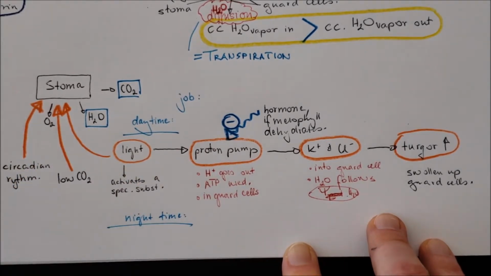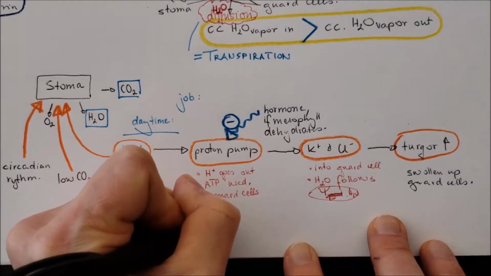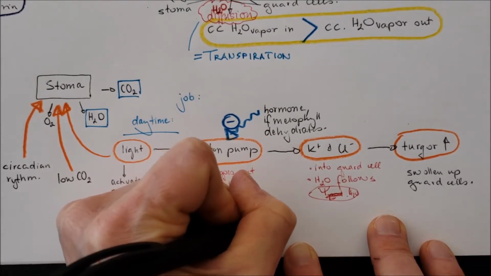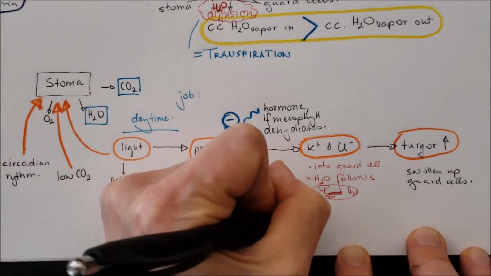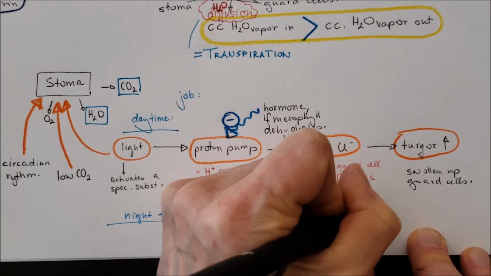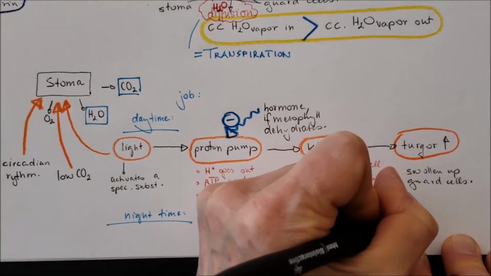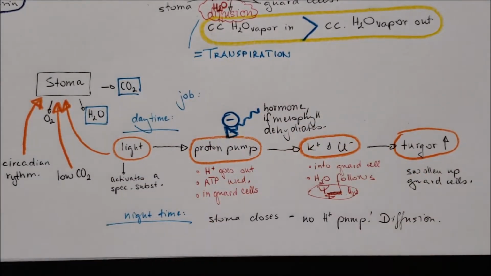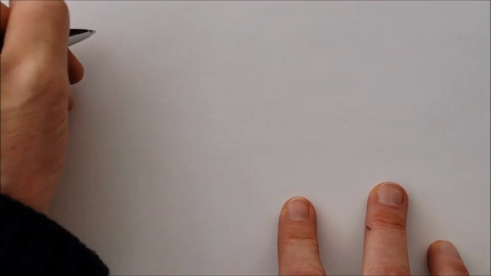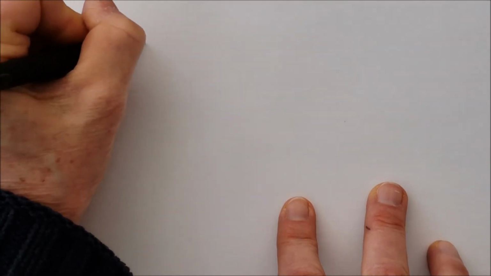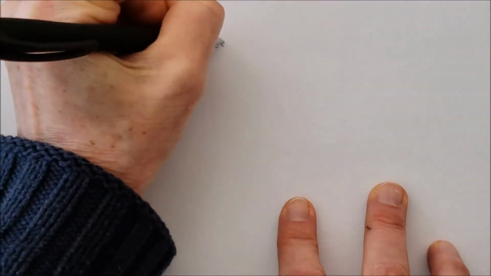At nighttime, the stoma closes because there's no light that activates a specific substance that makes the proton pump work, so no pumping anymore. By diffusion, the potassium goes out, chloride goes out, and the hydrogen ions get inside of the cell.